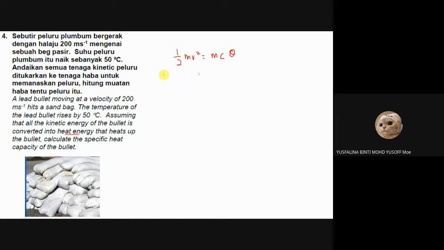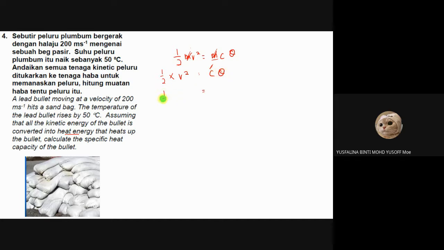So after that, you just use the formula here. But the mass is not given, right? You use the same material, both of it is bullet, so we can just cut it off. So it will be left with half v squared equals c theta.